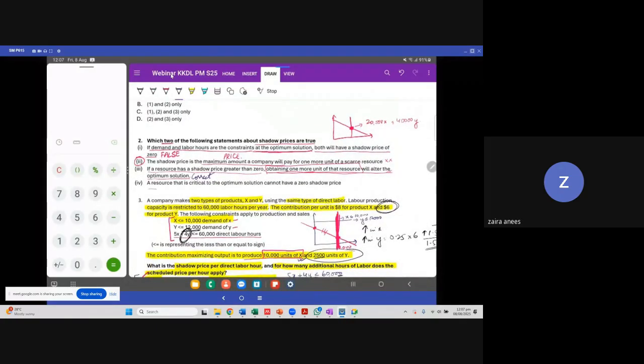A resource that is critical to the optimum solution cannot have a zero shadow price. Critical to the optimum solution means what? It means that it is actually making the optimum solution.